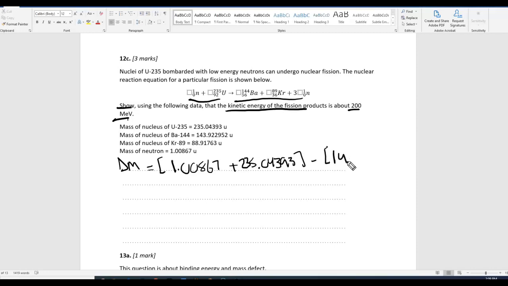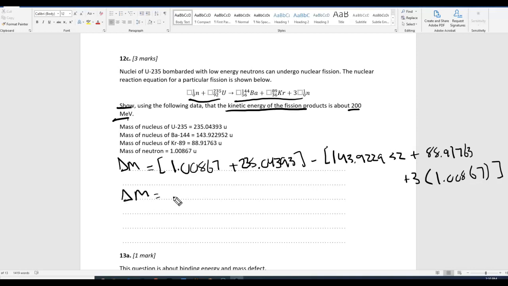Okay, so I'm going to write those masses down as well. And I'm starting to run out of room. We have 3 neutrons. And if we subtract all of this, then we should get a mass defect.